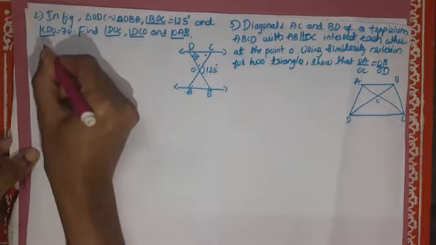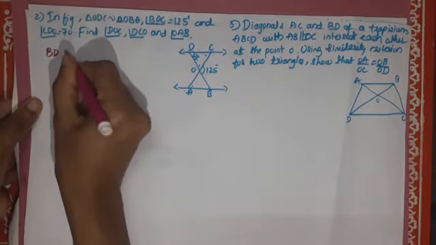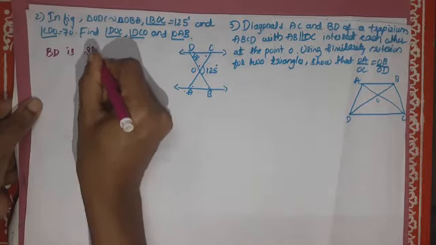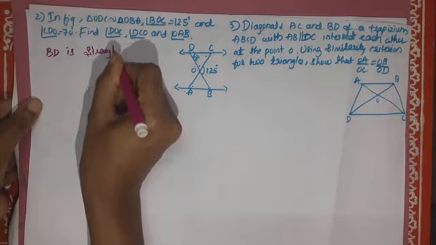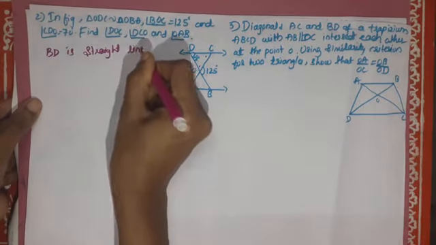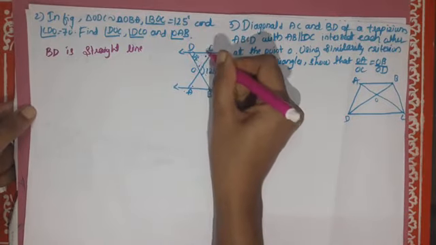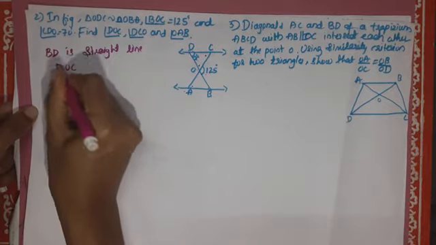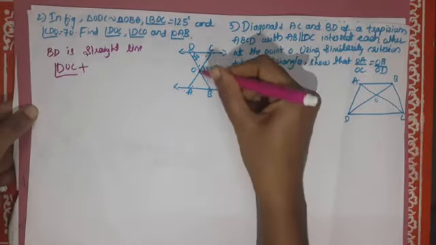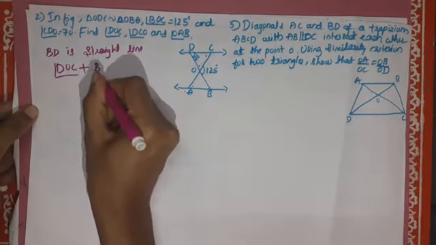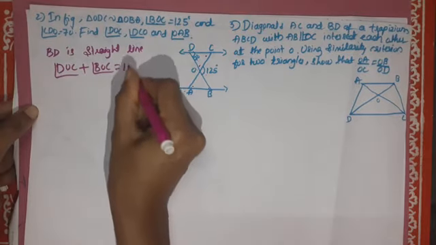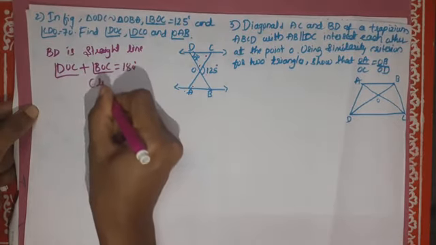So here BD is a straight line, then DOC plus COB equals 180, because these are a linear pair.